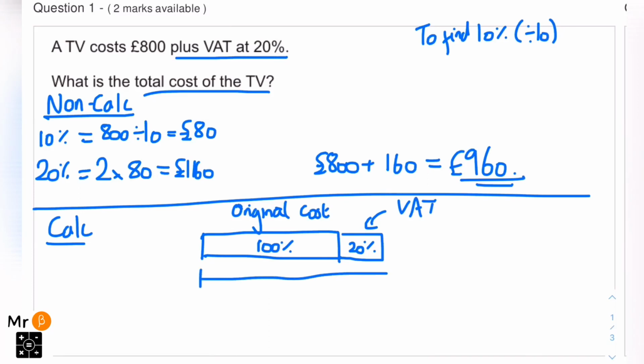So in total of the full price, you have got 120%. Our calculator does not like using percentages, so what you need to do is convert that into a decimal by dividing by 100, and that's equal to 1.20.